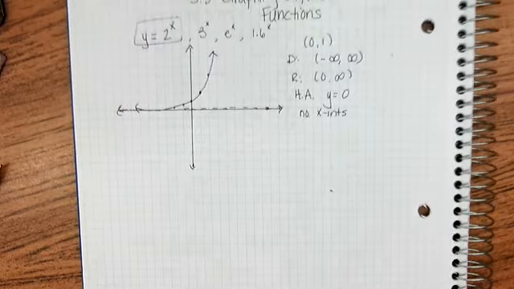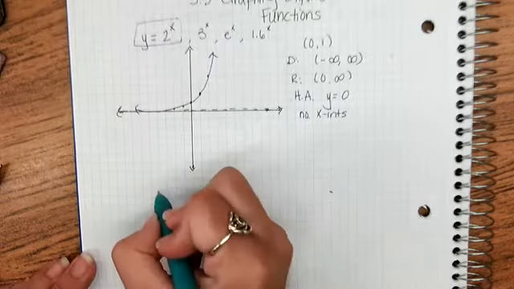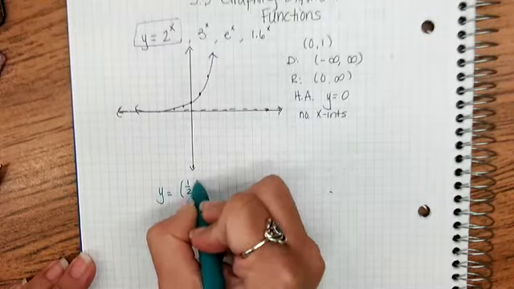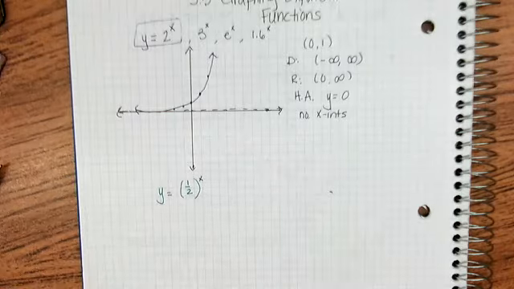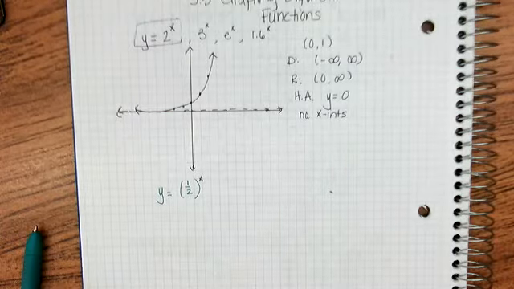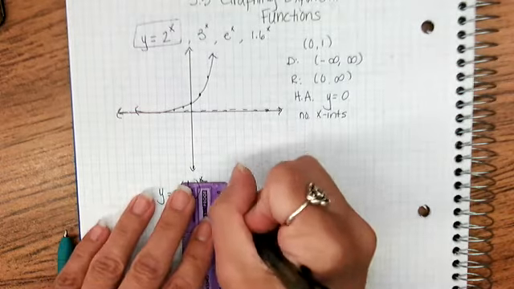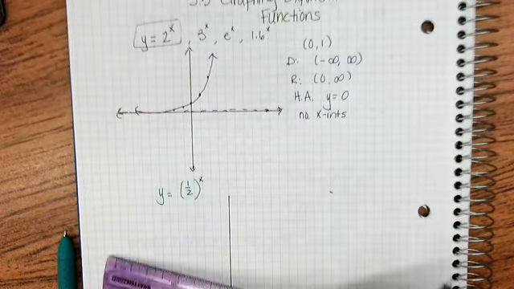Okay, so let's look to see what happens when you have y equals 1/2 to the x, 1/3 to the x, etc. 1/2, 1/3, 2/3, whatever. What happens when the base is less than 1? I'm going to do the same thing.